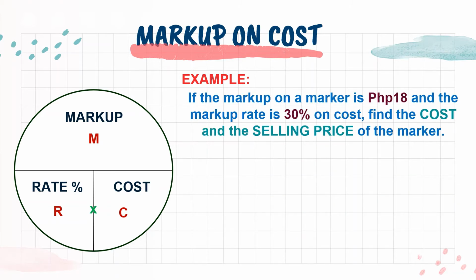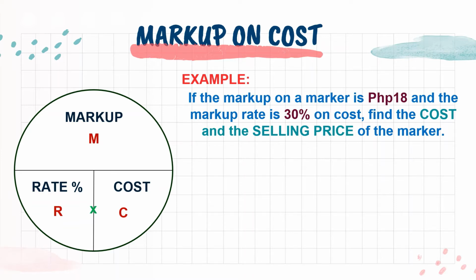If the markup on a marker is 18 pesos, the markup rate is 30% on the cost. Find the cost and the selling price of the marker. Meaning, 18 pesos will be the markup price, equivalent to 30% on the cost price.